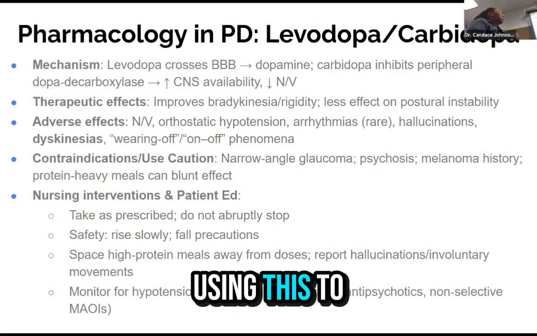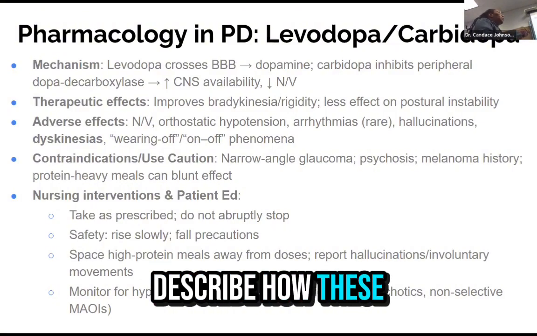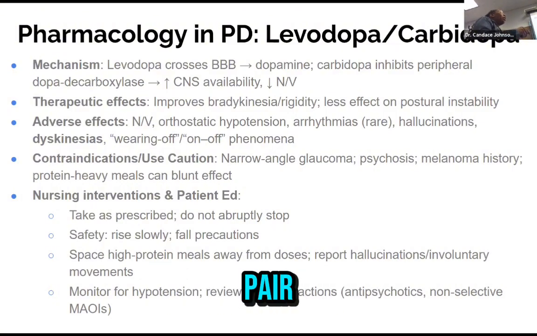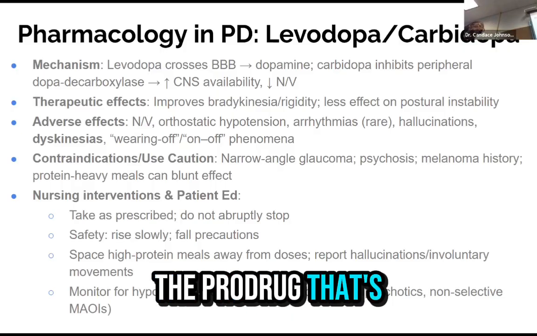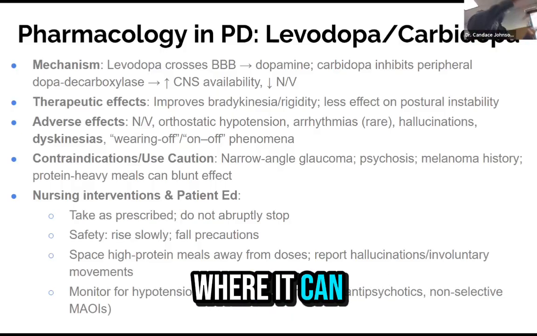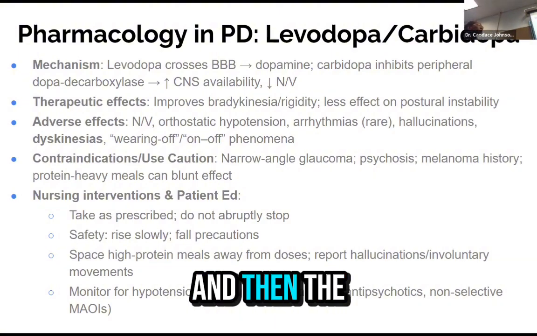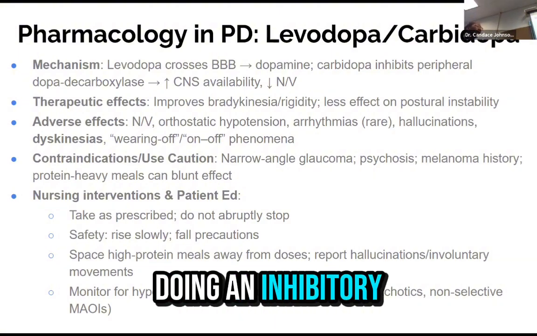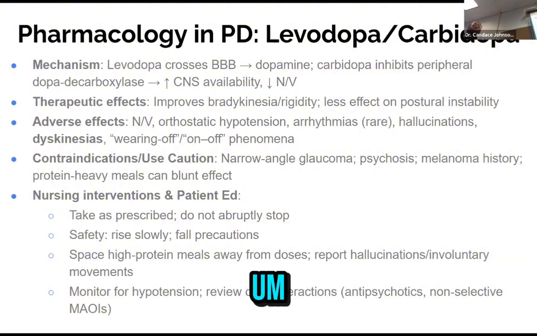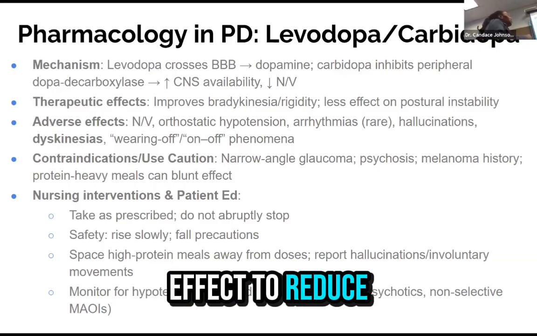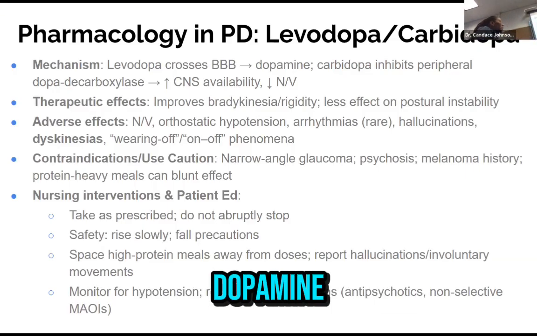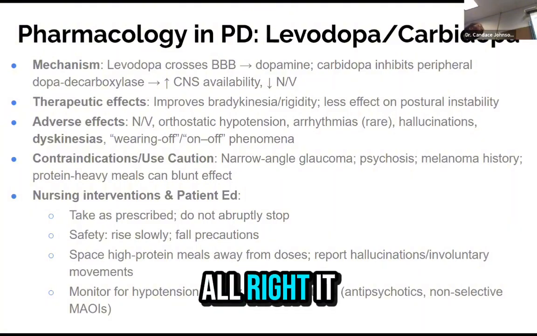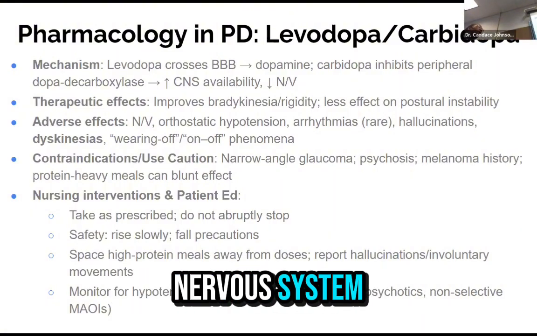I'm using this to describe how these drugs are a pair. They come together, because one is the prodrug that's getting across the blood-brain barrier where it can become the drug, and the other is doing an inhibitory effect. One thing is increasing the dopamine while the other is managing the dopamine.